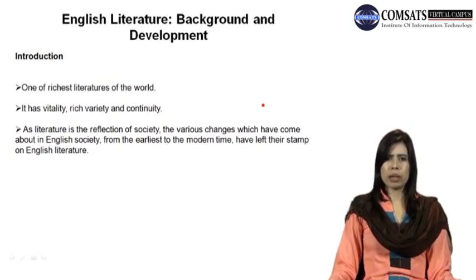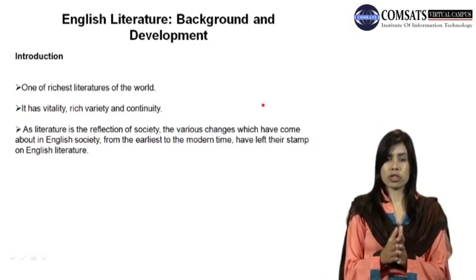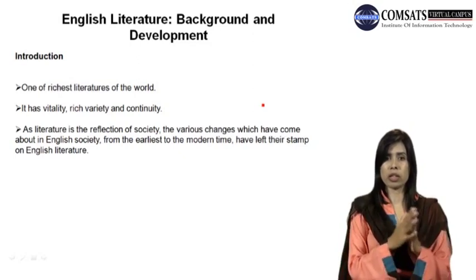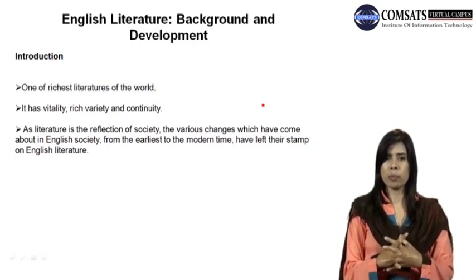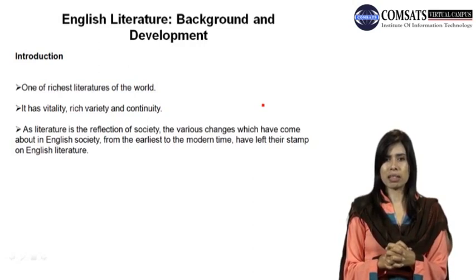English literature background and development. As you know, English is one of the richest literatures of the world. It has a very significant place among other literatures of the world. Why? Because of its vitality, rich variety and continuity.